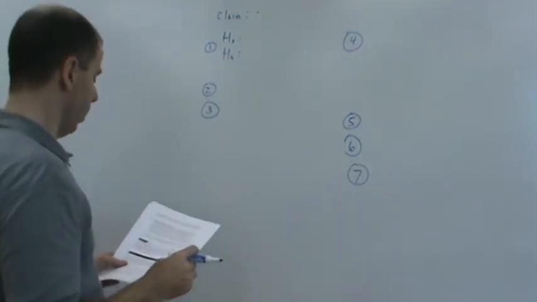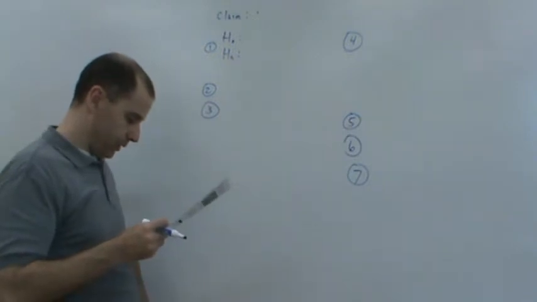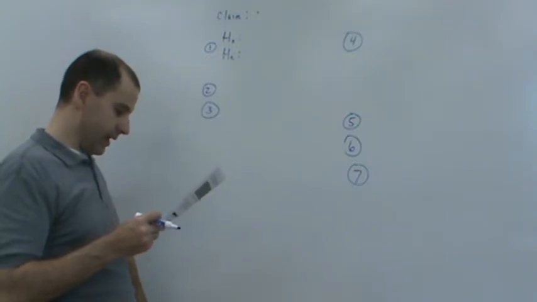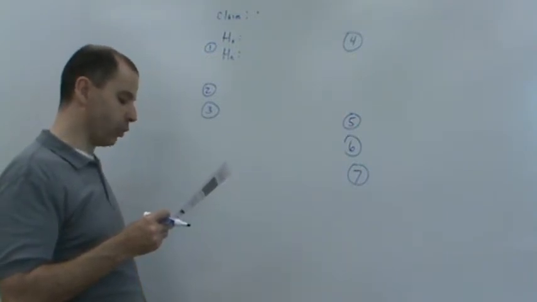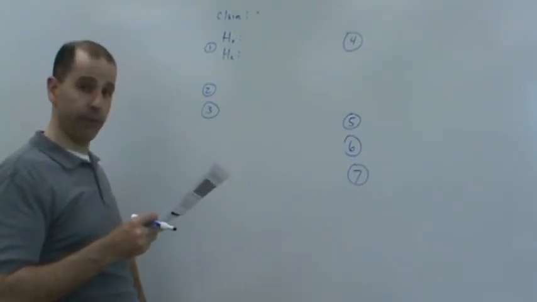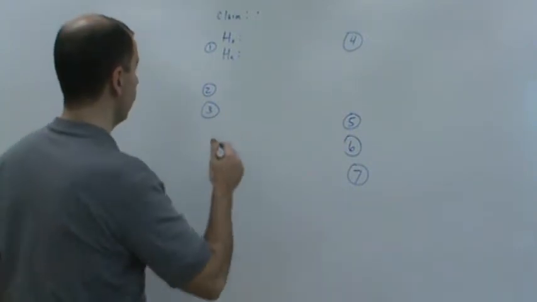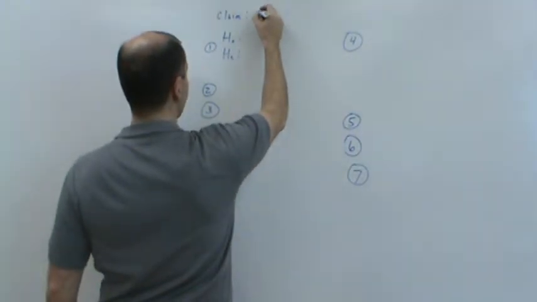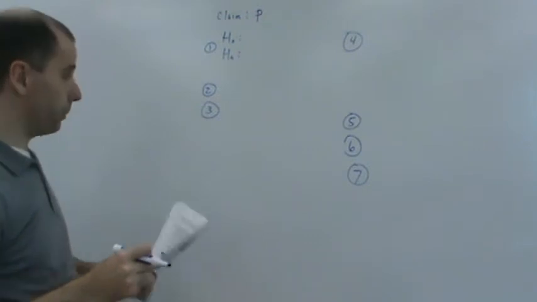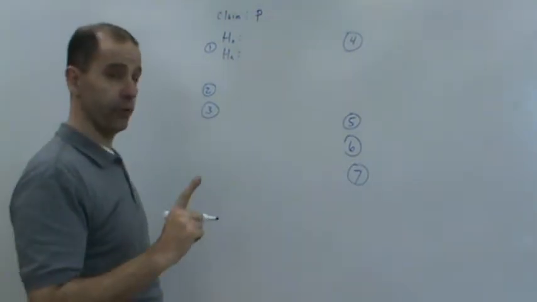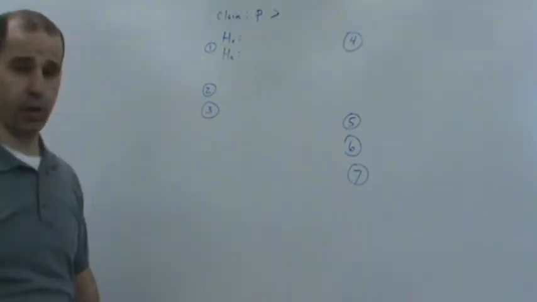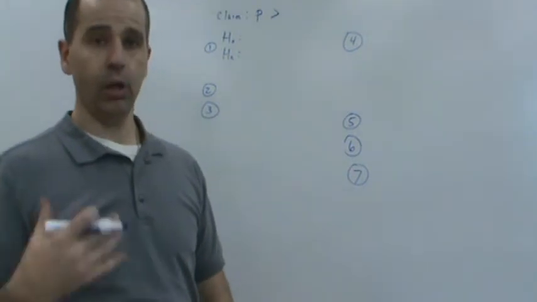Now, the claim is that cell phone users developed brain cancer at a greater rate than non-cell phone users. Well, what's that rate? 0.034%. So in other words, they're claiming that the proportion of cell phone users who develop brain cancer is greater than the proportion of non-cell phone users who develop brain cancer.